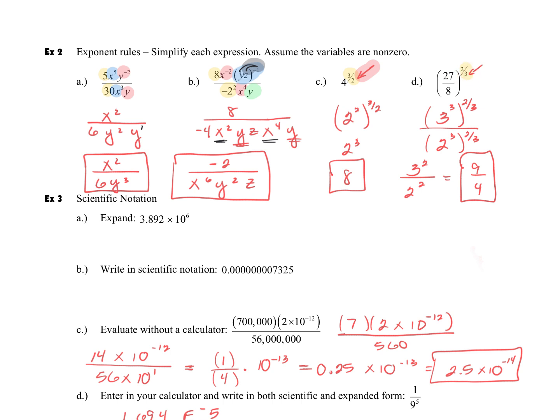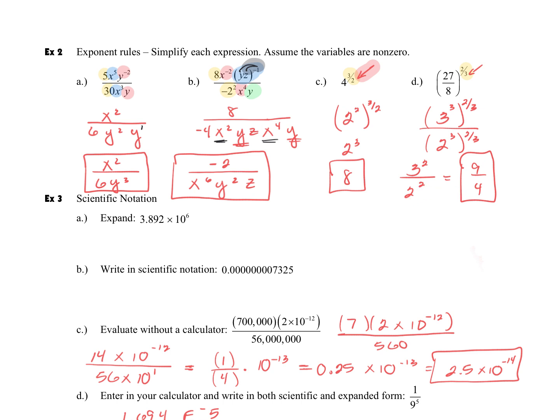So 27 is 3 to the third power, using that exponent. 8 is 2 to the third power, again, using that 3. Now, these exponents multiply, leaving me with a 2. These exponents multiply, leaving me with a 2. So my final answer, 3 squared is 9.